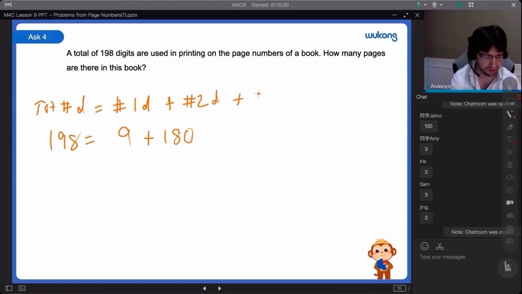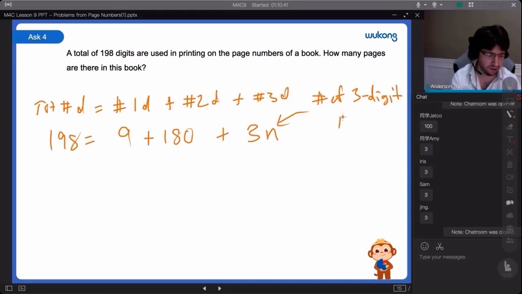Then we have some contribution from the 3-digit numbers, so plus 3 times n, where n is the number of 3-digit numbers. And 180 plus 9 is 189.